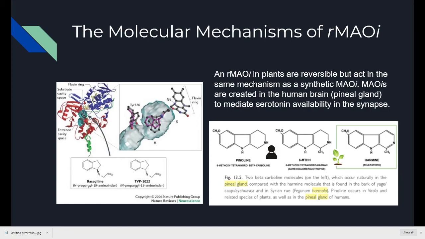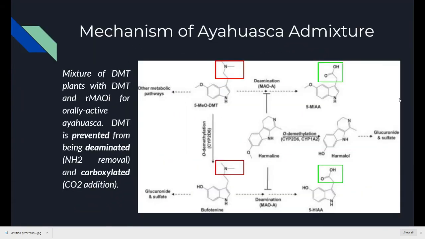So using these in combination is really an ancient art. And there's so many recipes for these ayahuasca admixtures that it's just astounding. And it would be a lost art unless we actually got people really into this now. So it's very interesting to watch this modern history unfold because the mechanism of ayahuasca admixture is really beautiful chemistry.